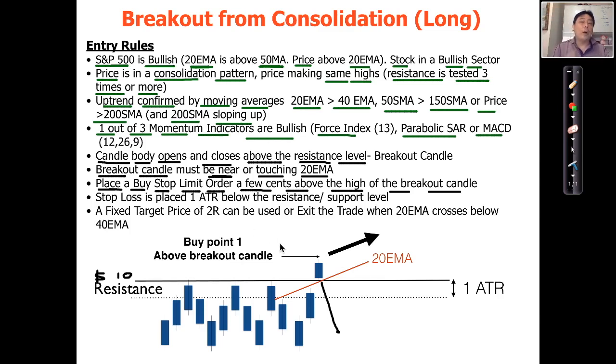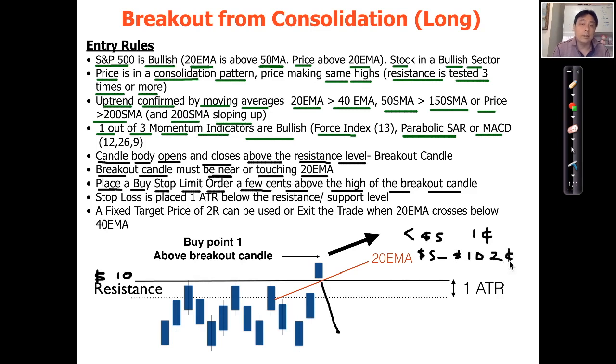So how many cents do I use? Well, again, this is just a rough rule of thumb. If it's a stock that's below $5, I will use 1 cent. If the stock is between $5 to $10, I use 2 cents.